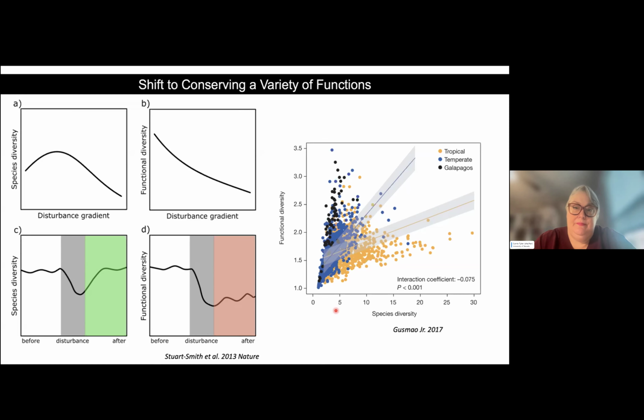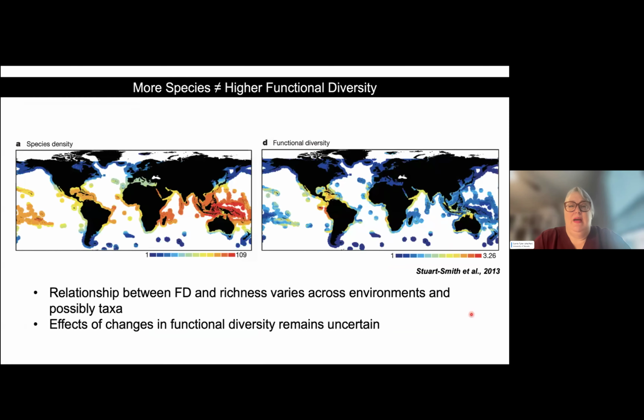Here's another global map. This is fish diversity. Here you can see the number of species on this global map around coasts, with cold colors indicating low diversity and warm colors high. And you can see on the panel on the right that functional diversity doesn't match that pattern of species diversity. There are some areas that do have higher functional diversity where we have high species diversity, but again, it's not automatic.